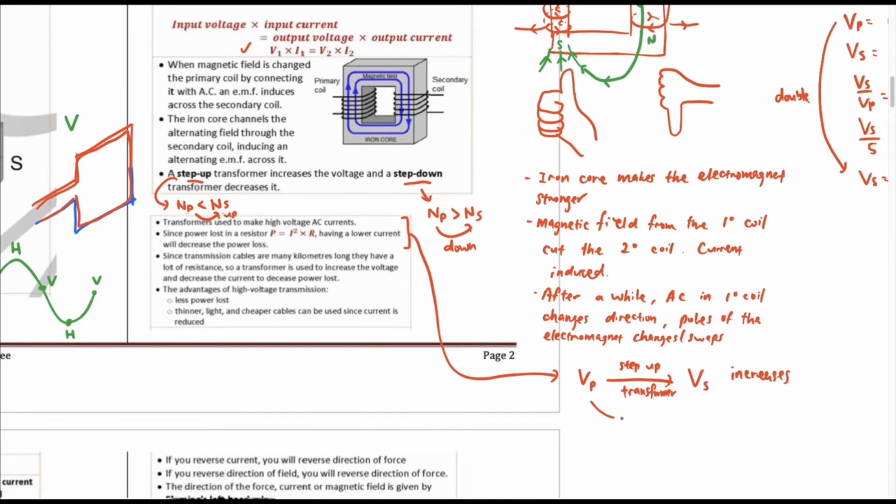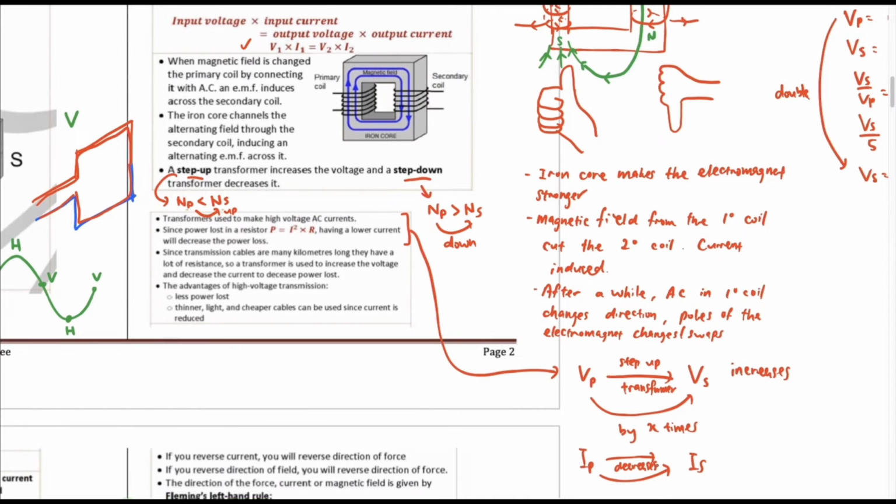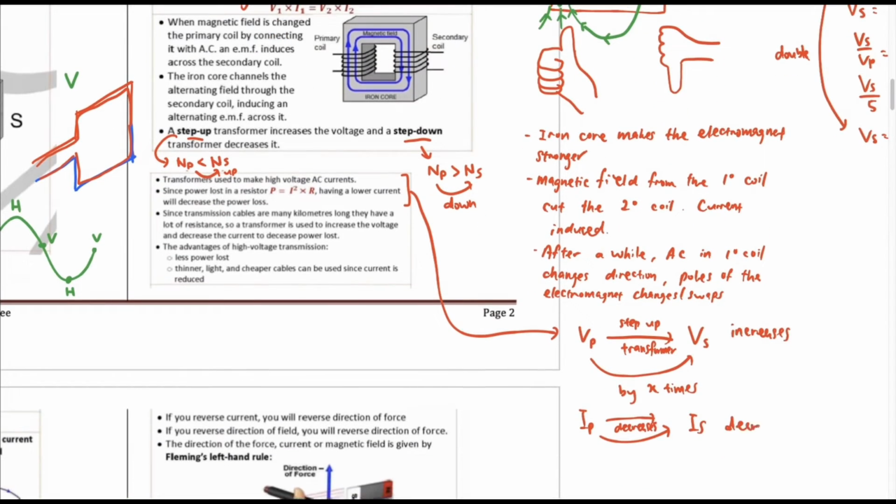Let's say VS increases by X times. When VS increases by X times, the current IS decreases. Decreases by how many times? Divided by X times. Here you multiply by X, here you divide by X.